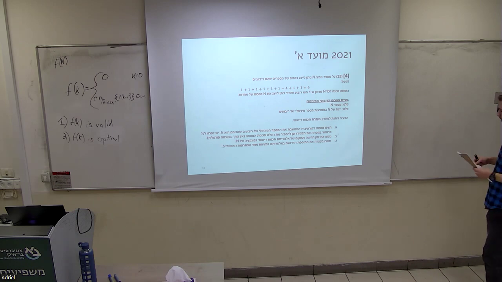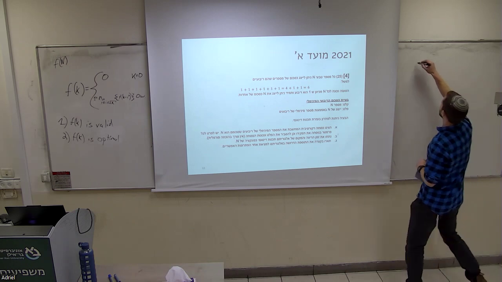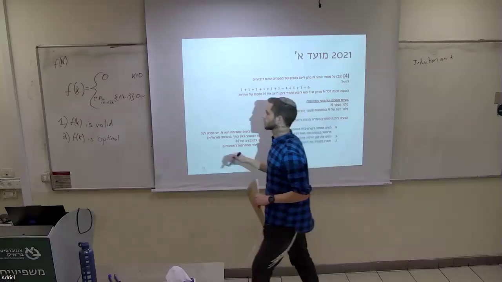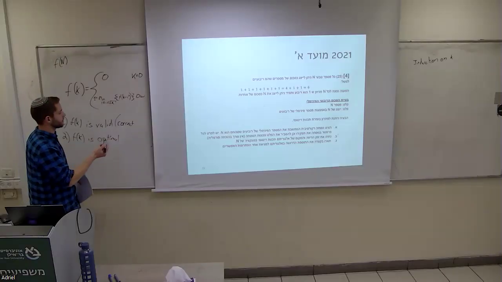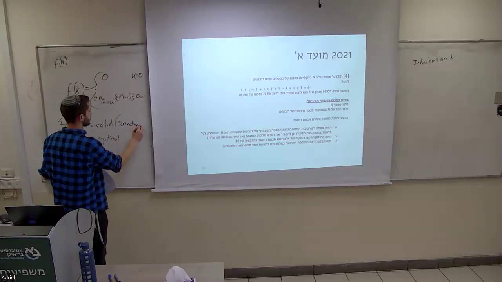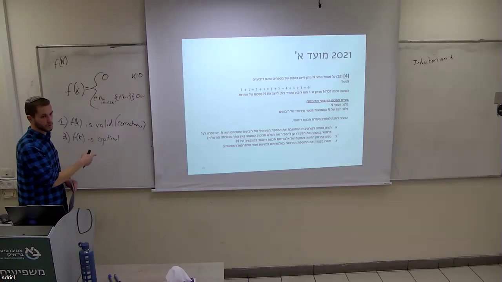Induction, right? In correctness, what do we mean by correctness? Valid or optimal? This is correctness. Technically, correctness of the whole algorithm is that it's both valid and optimal.